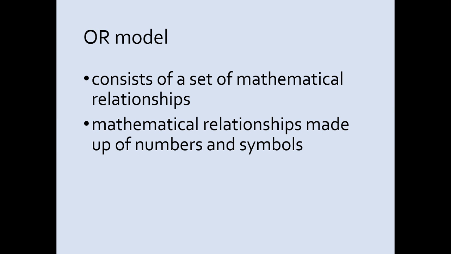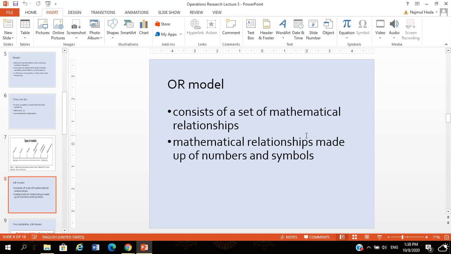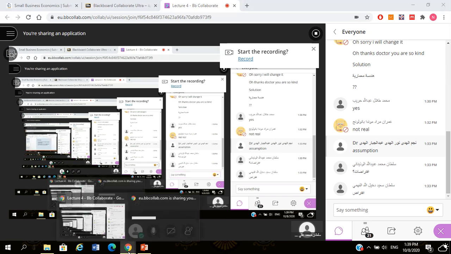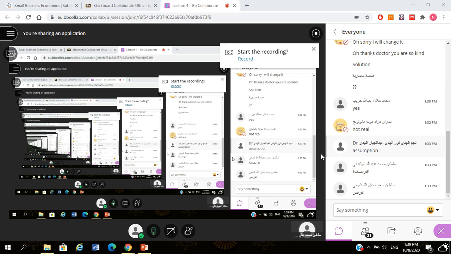In OR, you already learnt that it is a mathematical model. So, tell me, where does it fall? Is it a physical model or an abstract model? If you understood what we discussed now, you will be able to answer me. The tools that we are going to use, we are going to apply the OR model.